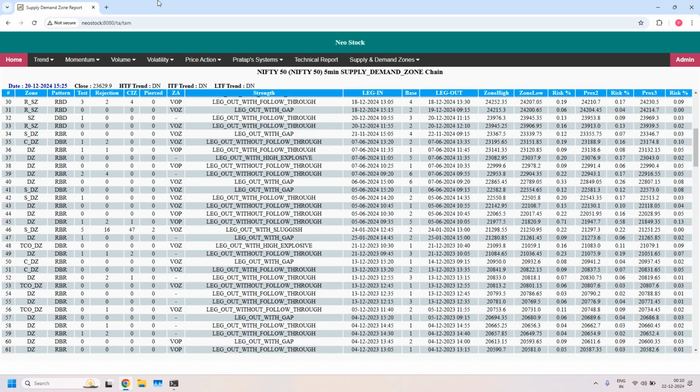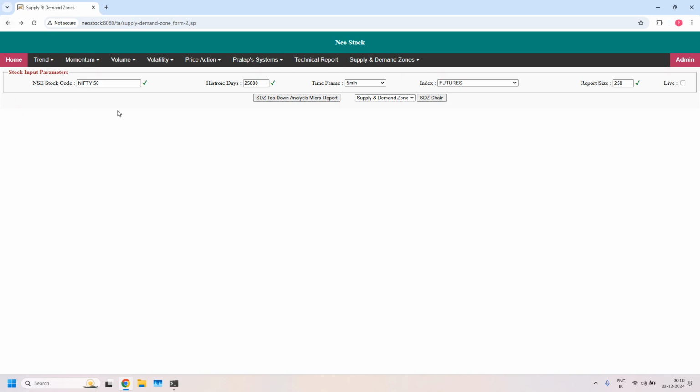Next, let us look into the Bank Nifty supply demand zone chain. So that is nothing but Nifty Bank. Let me start with the monthly time frame, generating monthly supply demand zone chain for Bank Nifty.